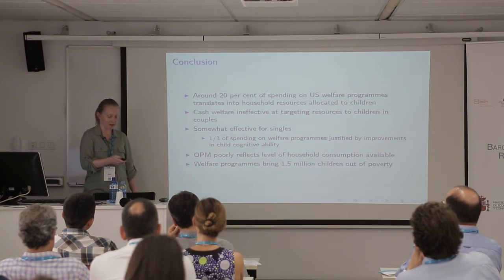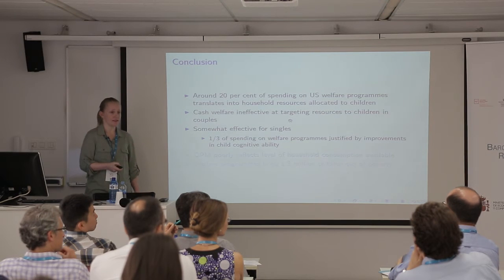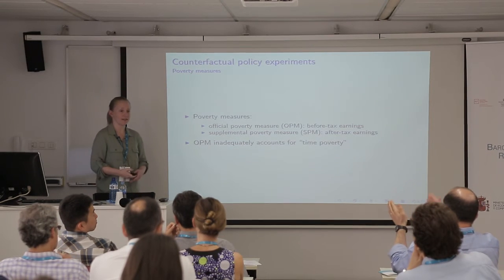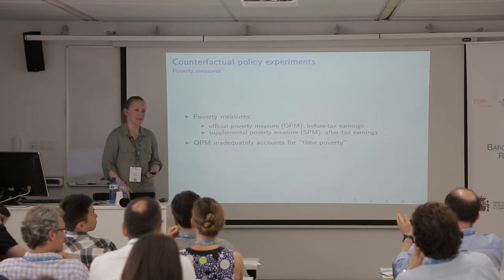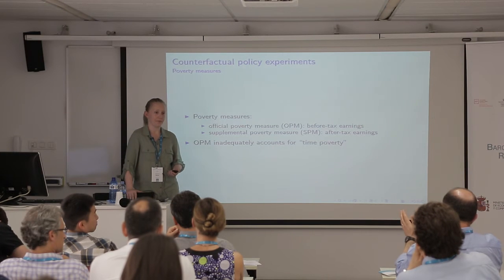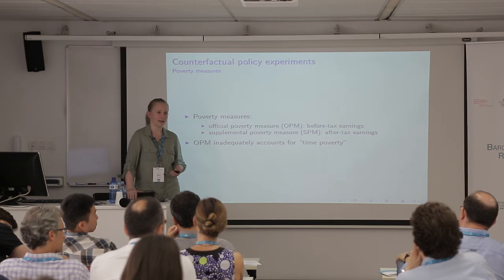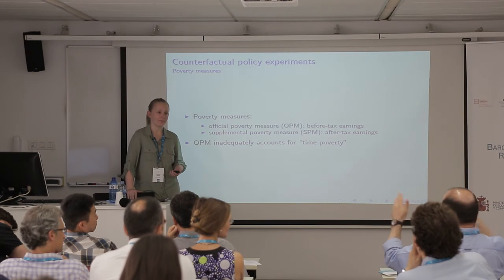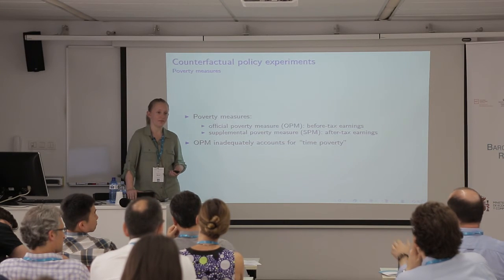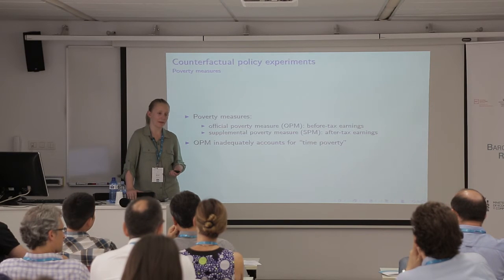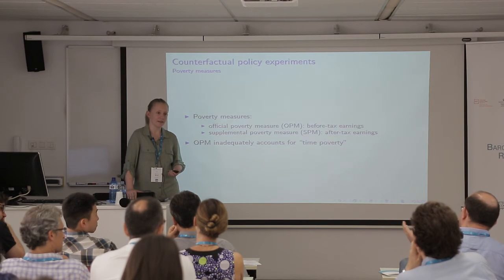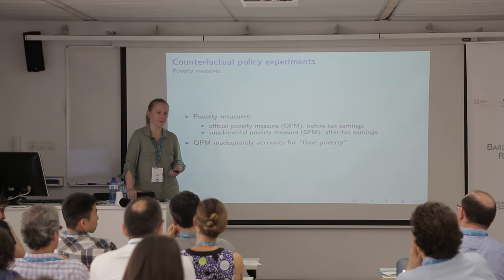Suppose you take one of these programs, shut it down and transfer the money to another program. Do you have the technology to do that, and to see which program would be more effective? Suppose we shut everything and put the money into the earned income tax credit, or put all the money into food stamps type of programs. Can your model tell something about that?